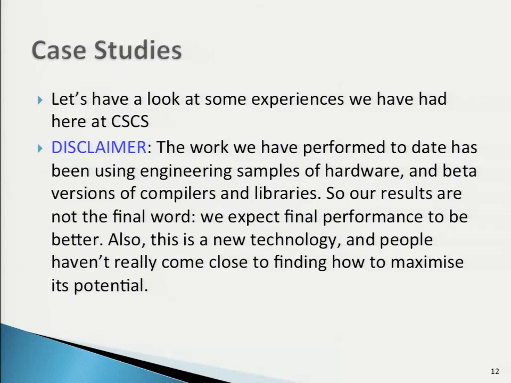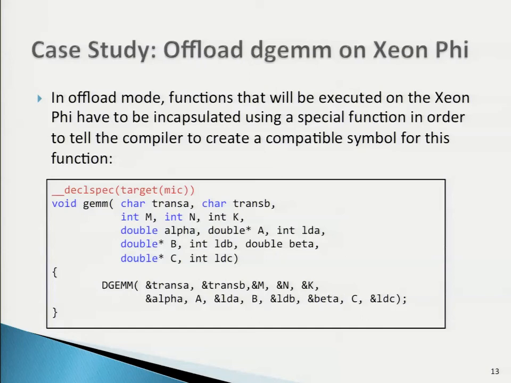we'll see better performance. So the first is a bit of work that Gilles did, where he looked at dgemm, one of his favorite topics, and he looked at offloading dgemm on the Xeon Phi. He uses the dgemm that's implemented in the Intel Math Kernel Library.